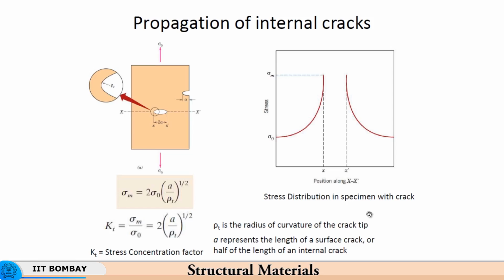So, naturally the stress concentration comes down, and therefore the crack propagation gets arrested if there is a plastic zone formation ahead of it. So, blunting of the crack, or lowering of this value of Kt, would mean that sigma m has reduced, the stress intensity has got reduced, because rho t has increased significantly. So, as rho t increases, sigma m decreases, and when sigma m decreases, Kt, the stress concentration factor, also decreases.